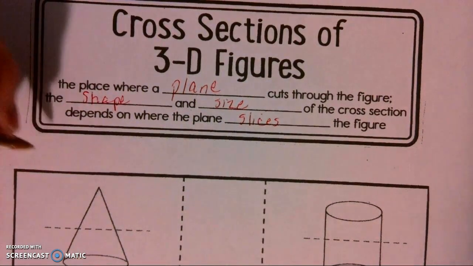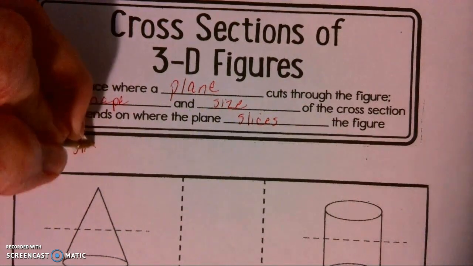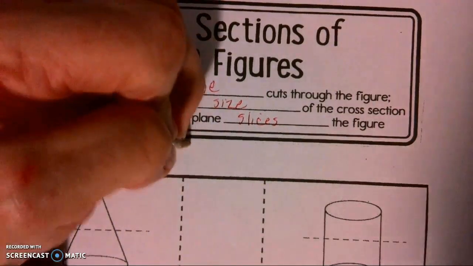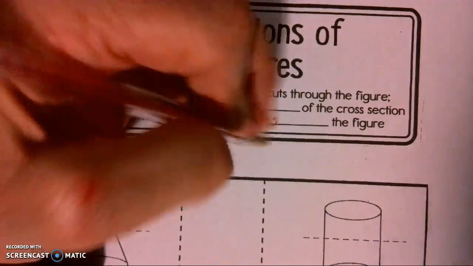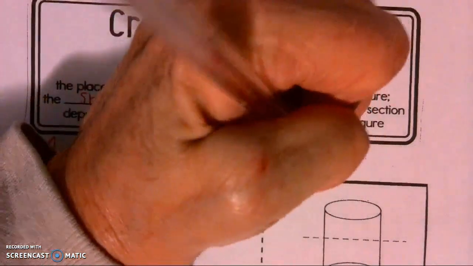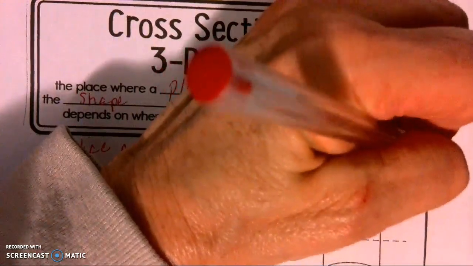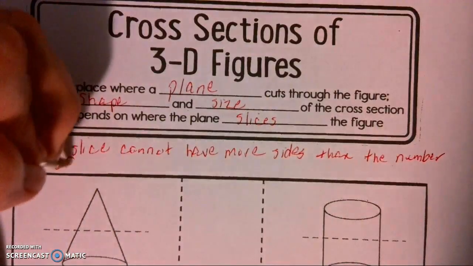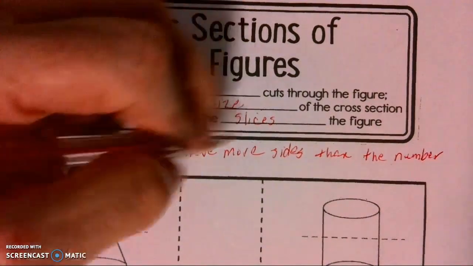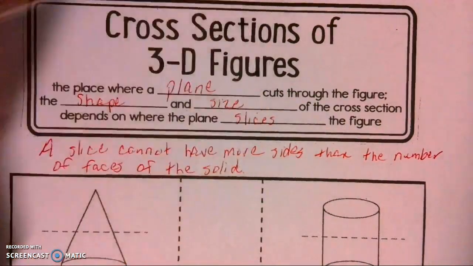When I slice a 3D figure, that slice cannot have more sides than the number of faces of the solid. And a solid is just another name for a three-dimensional figure.